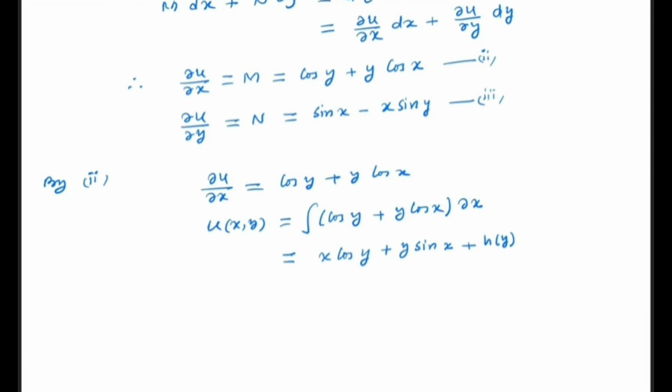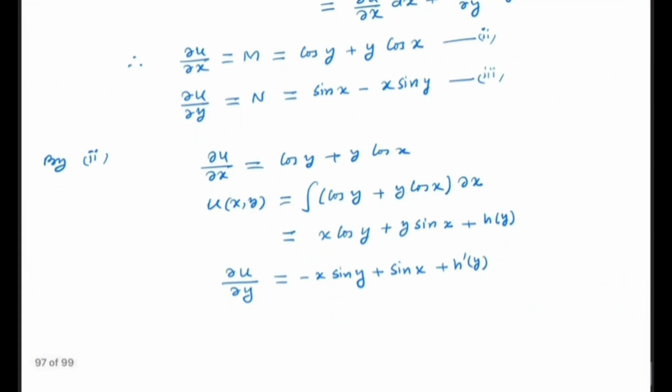Now, if we find the partial derivative with respect to y, then we have ∂u/∂y. By this expression, we have -x sin y + sin x + h'(y).